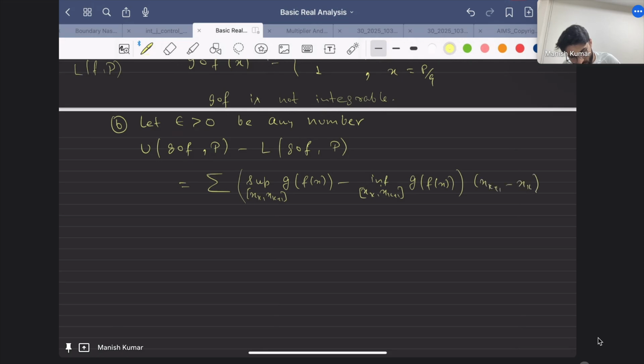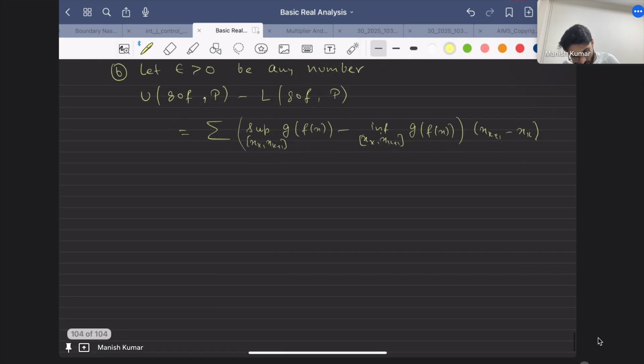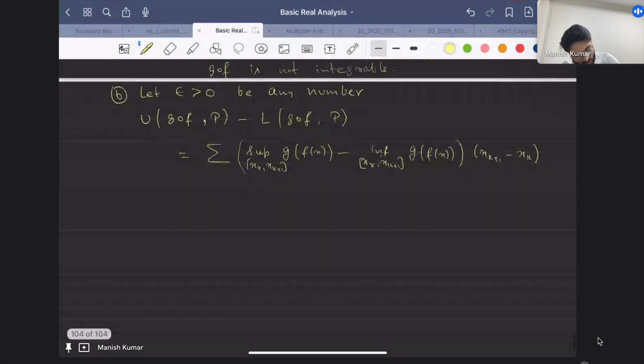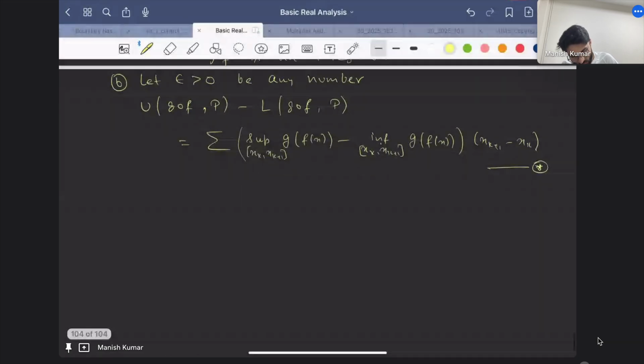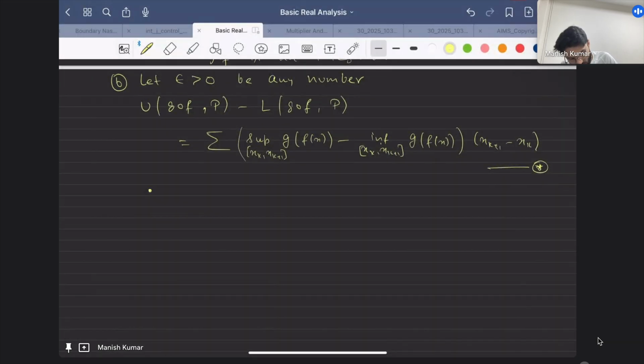Okay, so now I have two things. Let's say this is star. What I have in hand is, first, I know that g is continuous, so that is uniformly continuous, let's say.